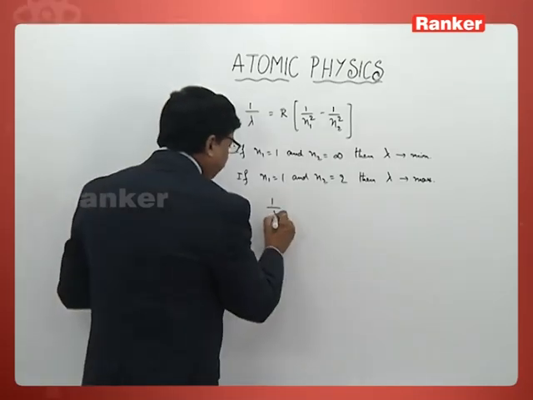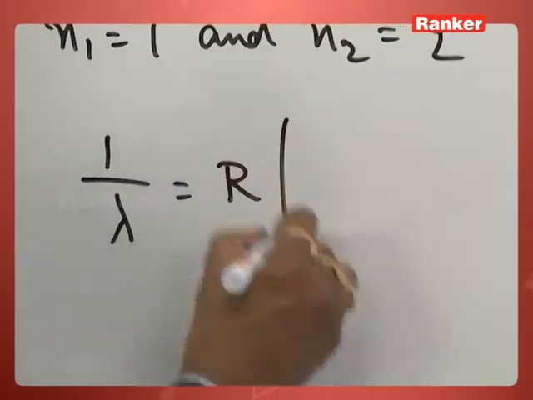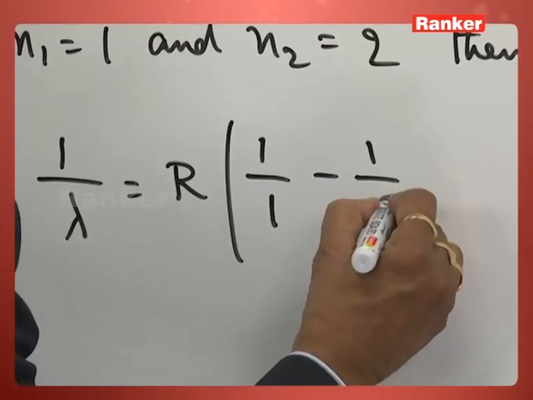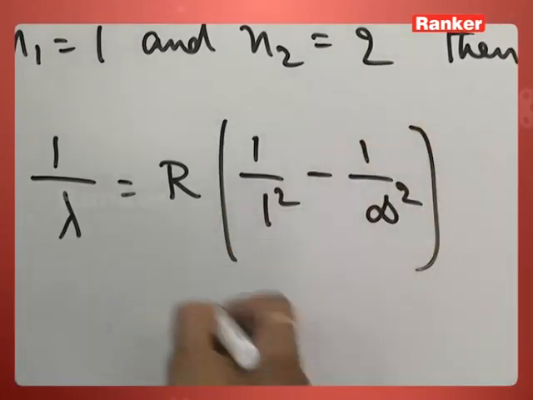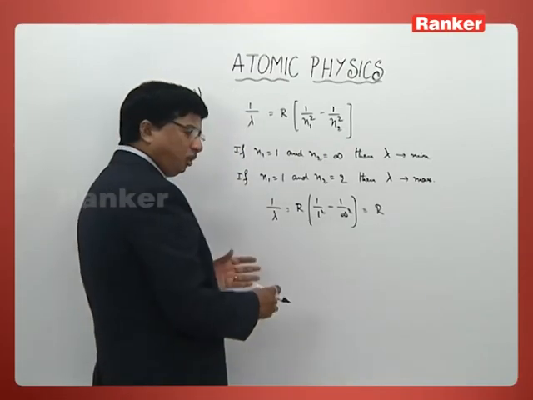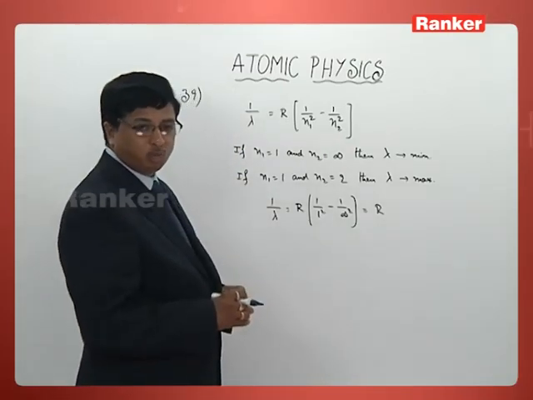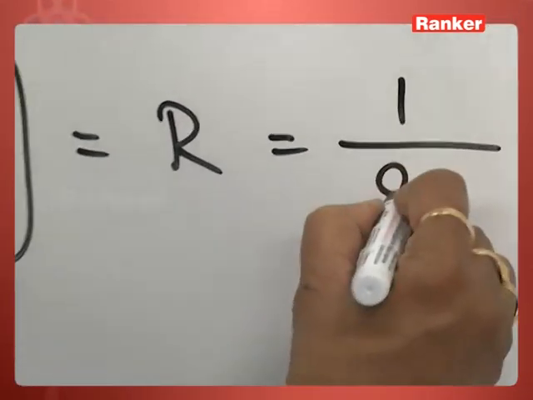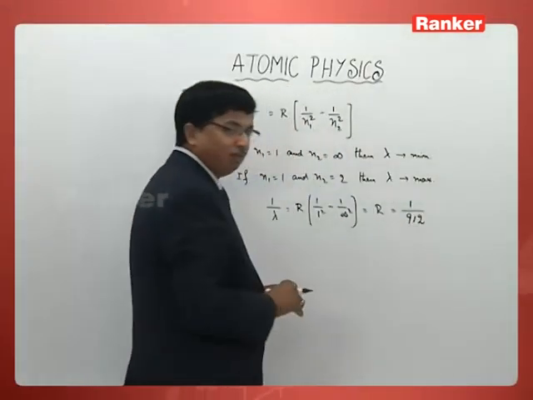1 by lambda is equal to R times 1 by 1 square minus 1 by infinity square. It is nothing other than R. But probably you must be knowing it very well, R value is nearly 1 by 912.